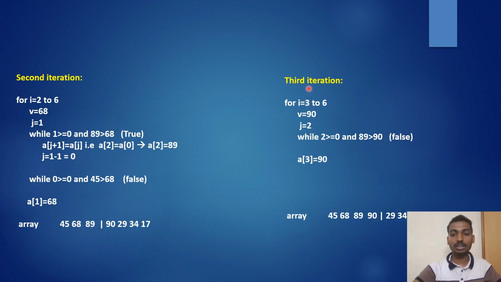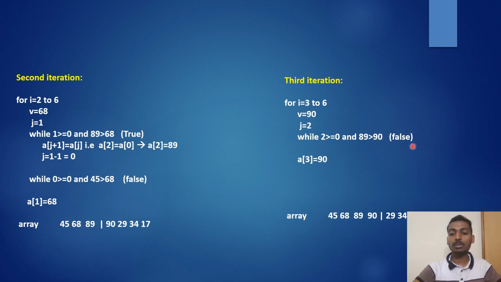Next, the third iteration is for i equal to 3 to 6, v is equal to 90, j is equal to 2, while j should be greater than or equal to 0 and 89 should be greater than v, that is 90.